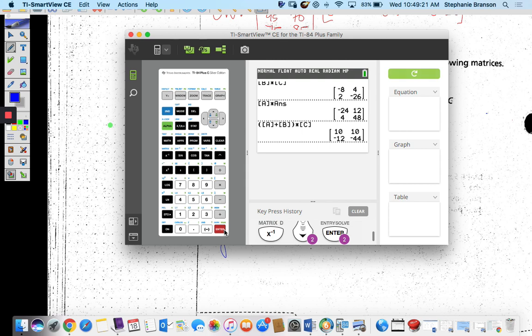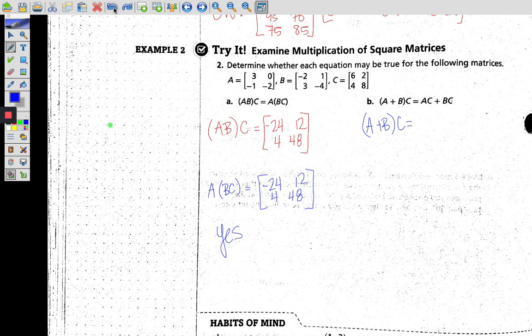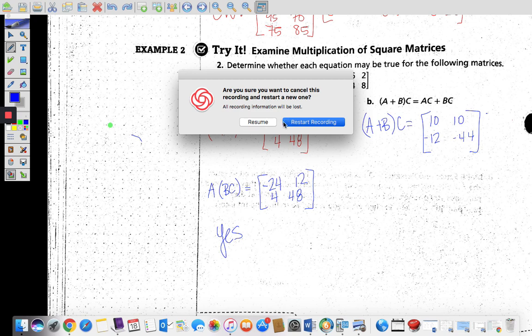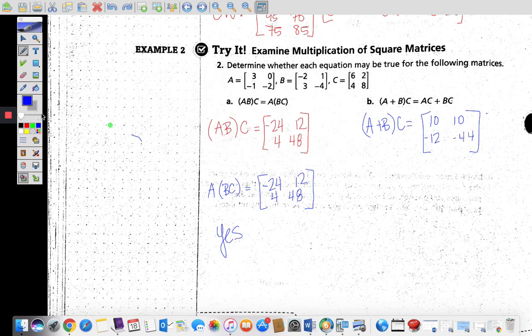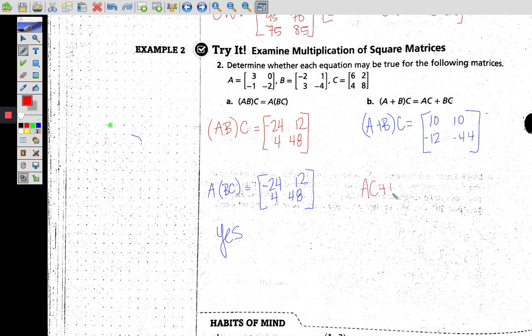10, 10, negative 12, negative 44. Now for A times C plus BC.